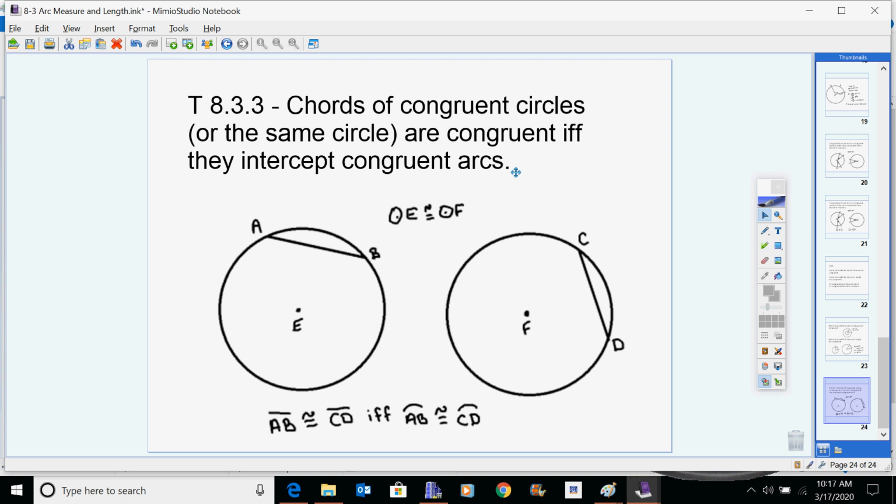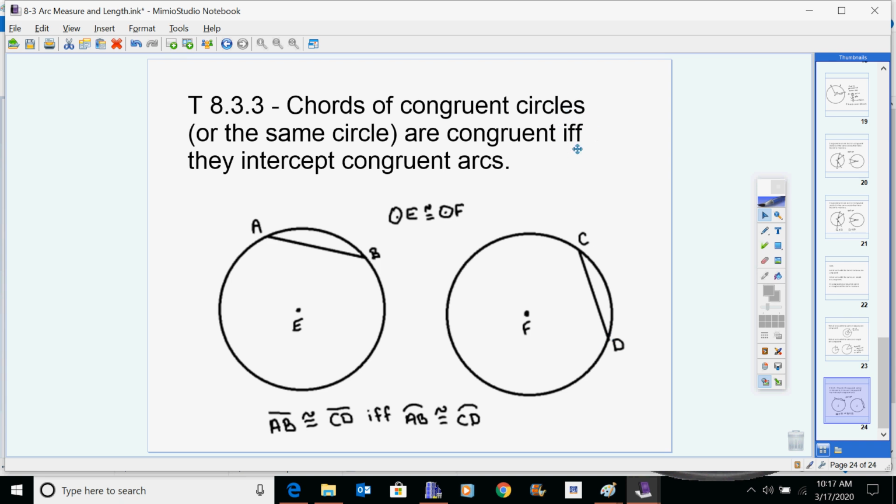And one last theorem. If you have two chords in congruent circles, the only way that those arcs are going to be congruent is if the segments are also congruent. And the only way that the segments are going to be congruent is if their arcs are congruent.